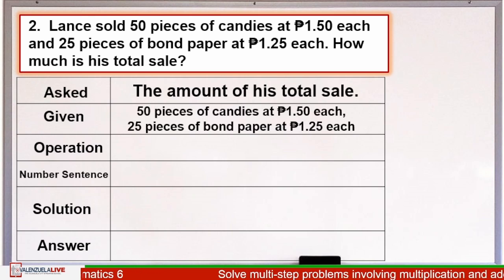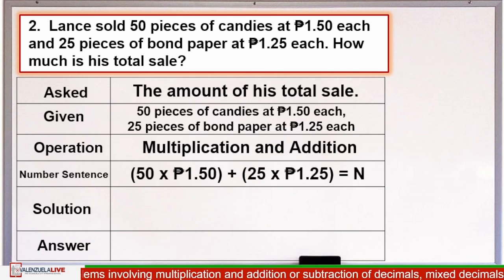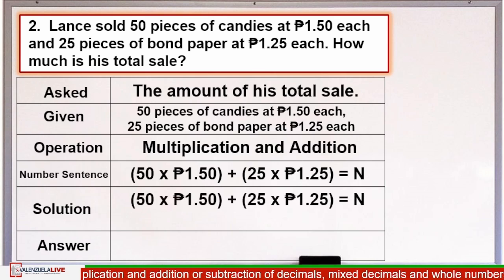The given information is 50 pieces of candies at 1 peso and 50 centavos each, 25 pieces of bond paper at 1 peso and 25 centavos each, and the operations needed are multiplication and addition. The number sentence is 50 times 1 peso and 50 centavos plus 25 times 1 peso and 25 centavos equals n.